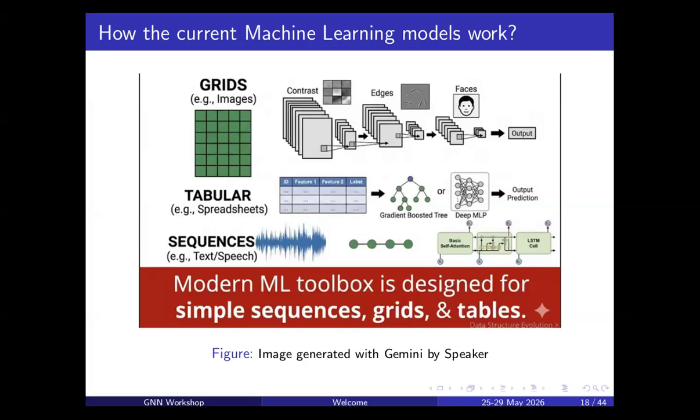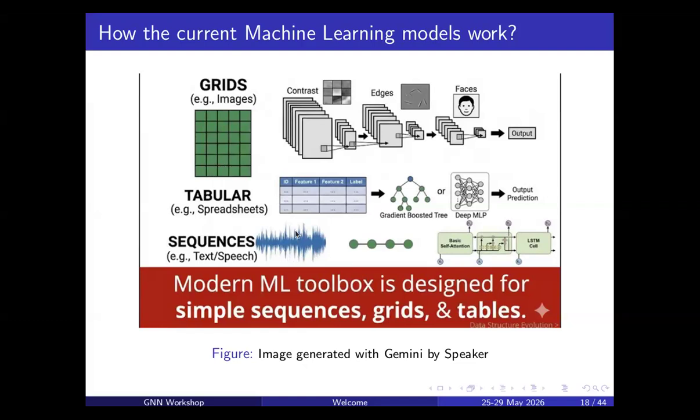Before answering this question, we want to check how the current machine learning models are working. The most powerful tools like transformer models, large language models, or CNNs, or any other deep learning models, are working on something like grid data. For example, a CNN takes image data, which is basically a grid data structure, a matrix of pixels.